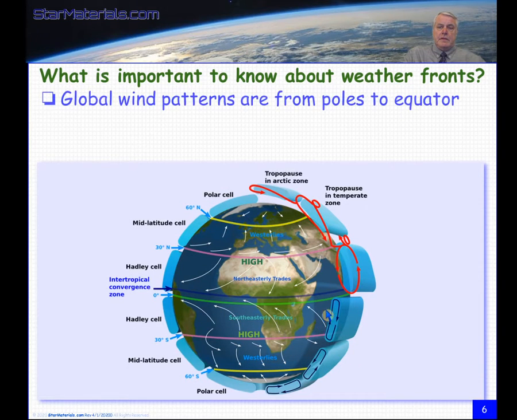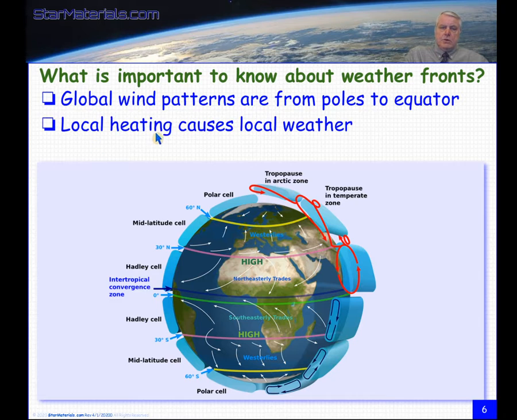Now, we have some general global wind patterns. They're usually from the poles to the equator. They come from the poles, both the North and the South Pole, towards the equator. And we have different names for these because they're in a general pattern here. Local heating causes local weather.